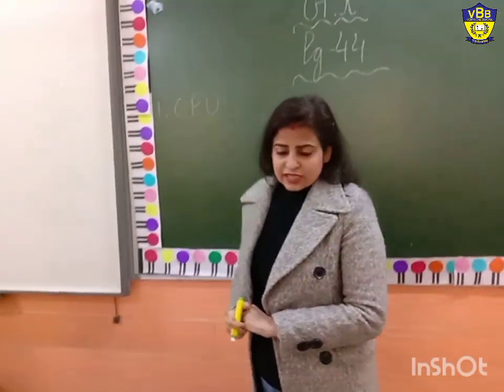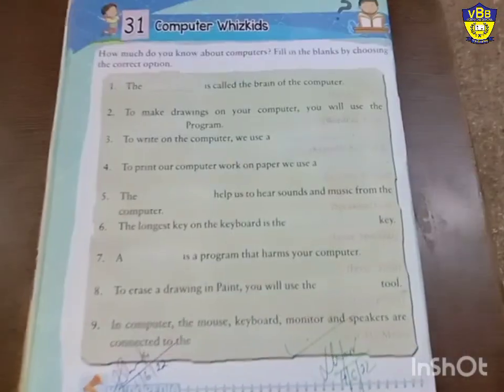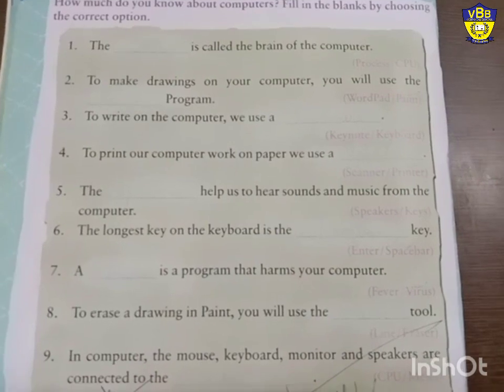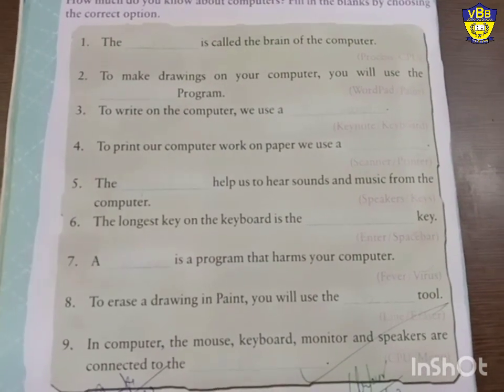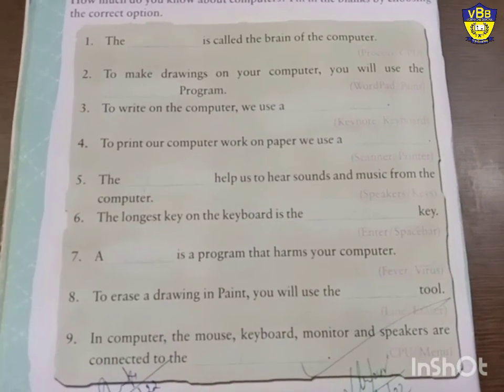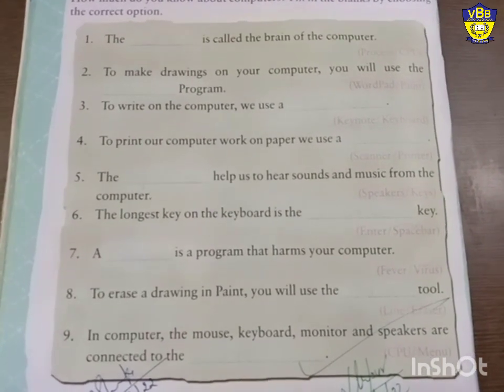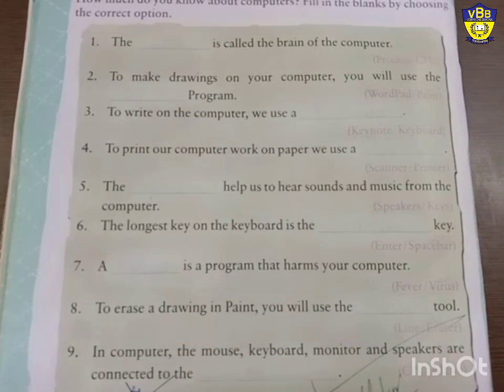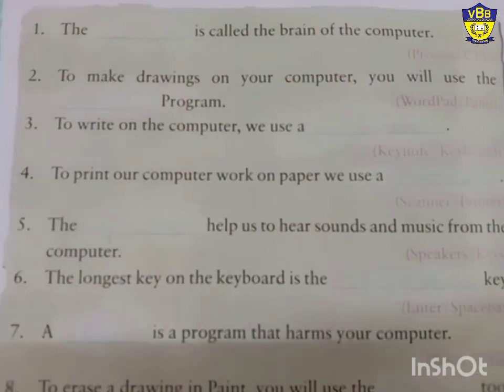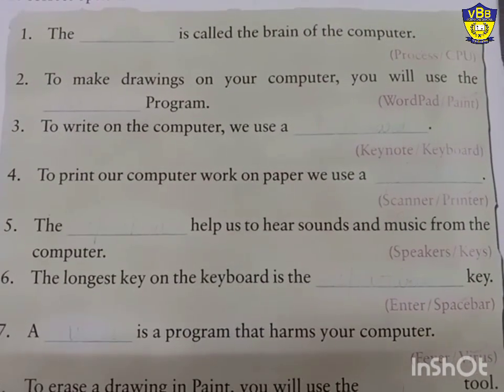Now, move to the next one. To make drawings on your computer, you will use the dash program. Which program will you use to draw something on computer? Tell me.